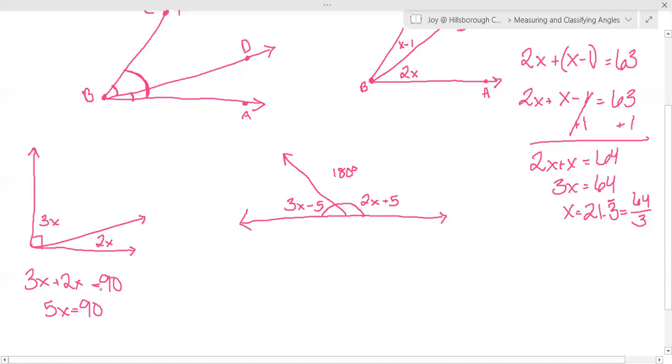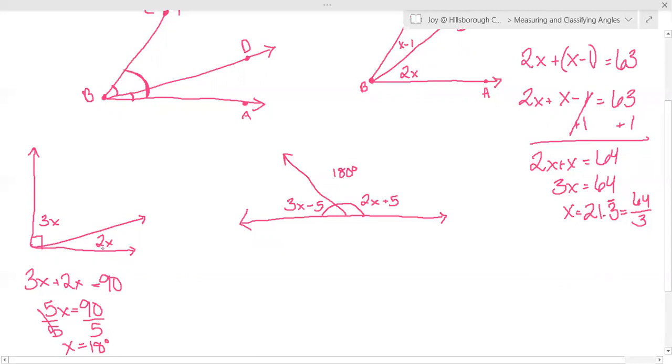And so then I'm just going to divide 90 by 5. And we get 18. X equals 18 degrees.